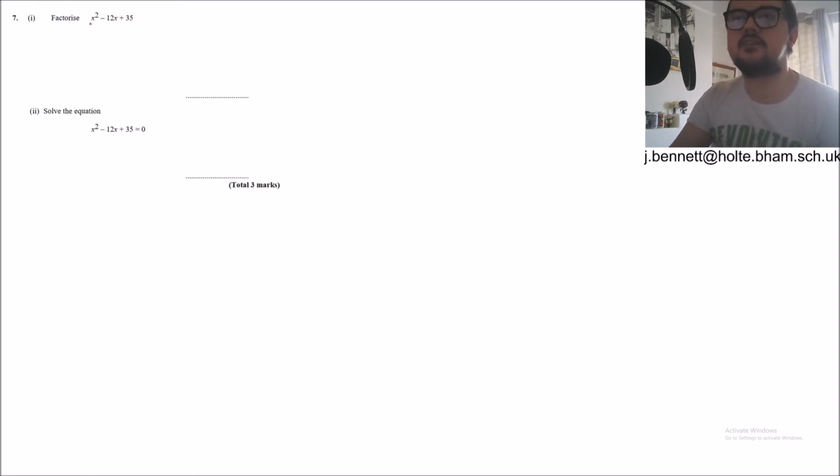Right, so we have x squared minus 12x plus 35. So this number here means that when we have our two brackets, the signs are going to be the same because a negative times a negative makes a positive. So we're going to have a negative and then a negative. We want two numbers that multiply together to make 35 and add up to 12.